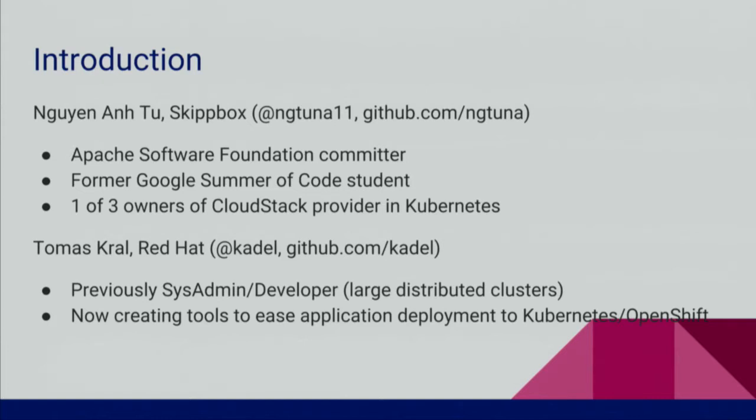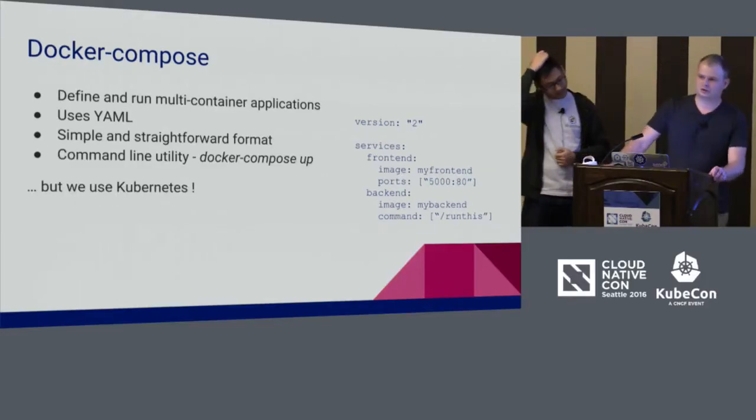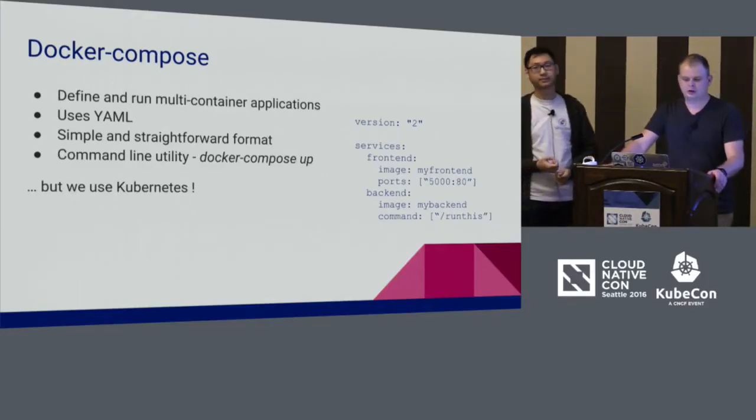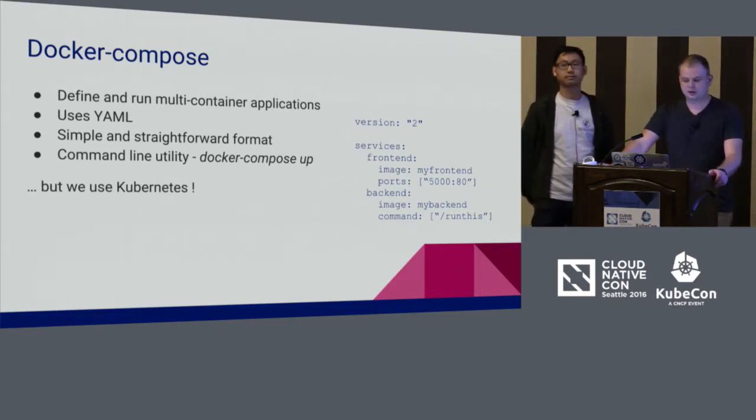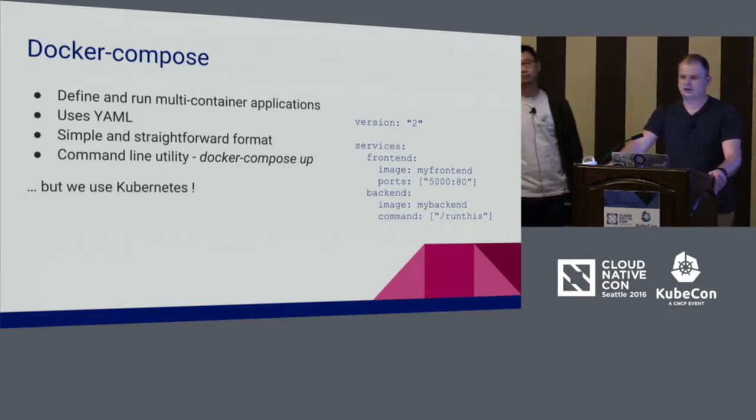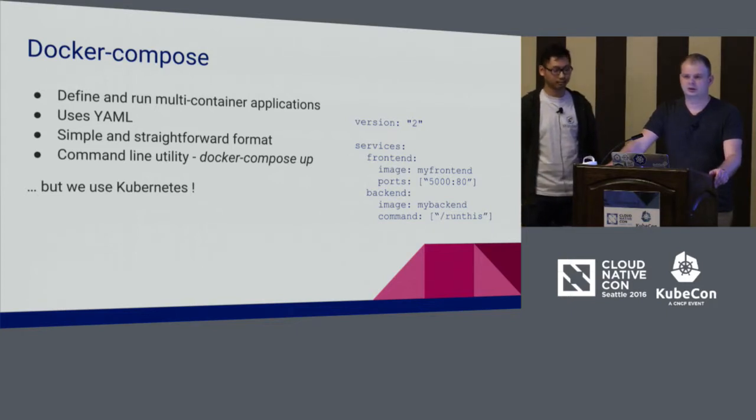That's all. Okay, so because we are going to talk today a lot about Docker Compose and Kubernetes, I would like to do a very quick introduction to Docker Compose. What is it? Docker Compose is a tool for defining and running multi-container applications. It uses YAML, so you have one single file in YAML format.